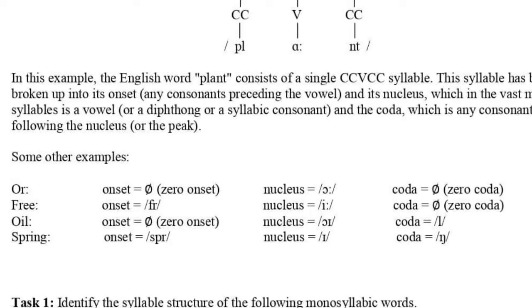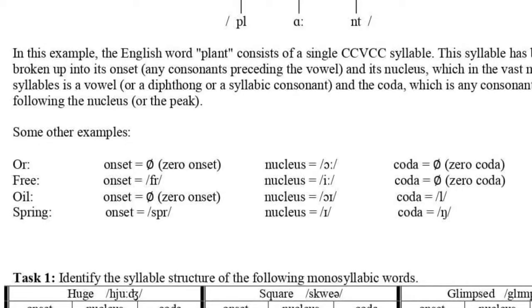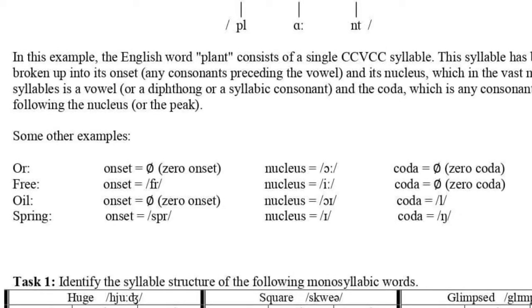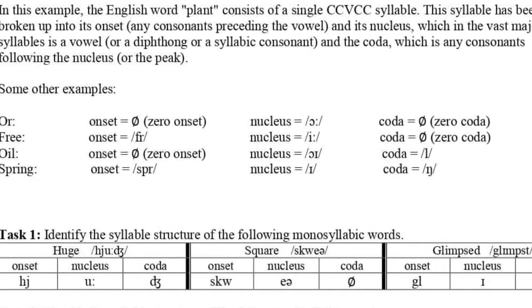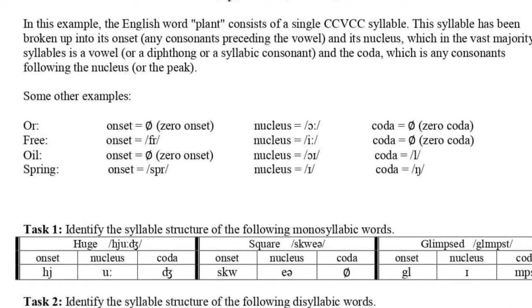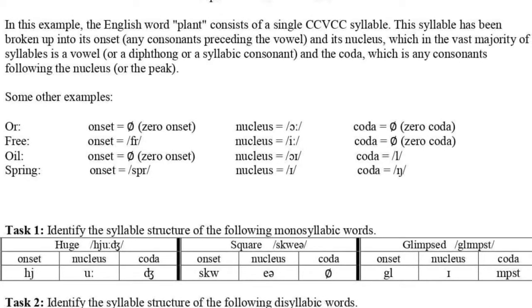Now we move to the exercises. In the first exercise, task 1, you are asked to identify the syllable structure of these monosyllabic words. We have 3 words. The first word is huge.